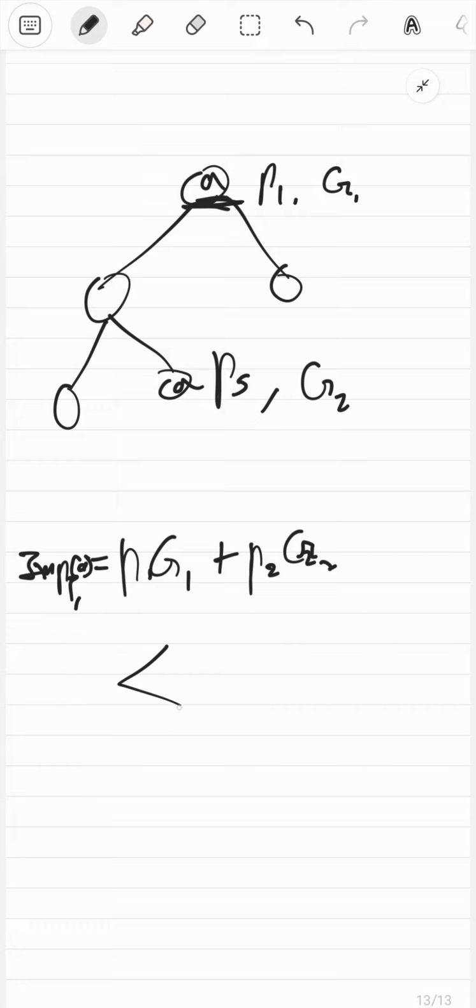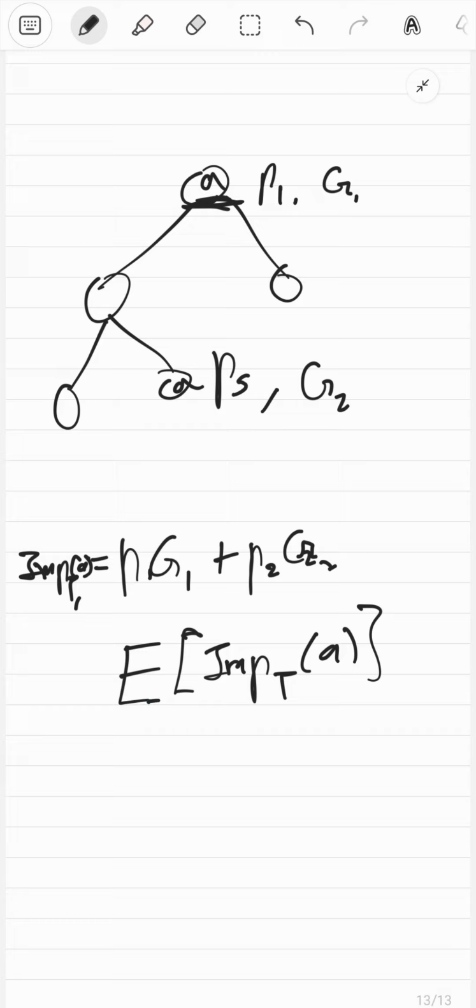We'll just take the expected value of the importance. Okay, this is actually physics notation, I should not be using this. So the expected value of the importance for a tree t of this feature a. This is an expectation over the different trees that you have, and this will be the importance of the feature a in the whole random forest. Easy.